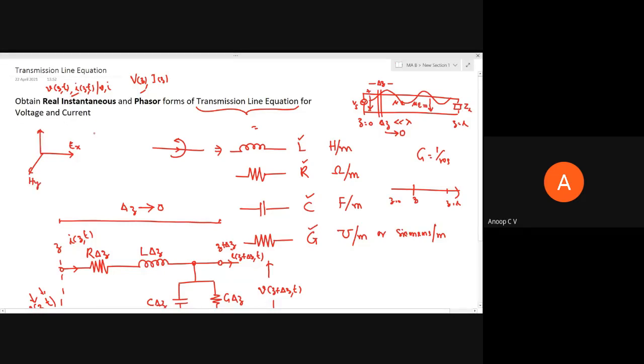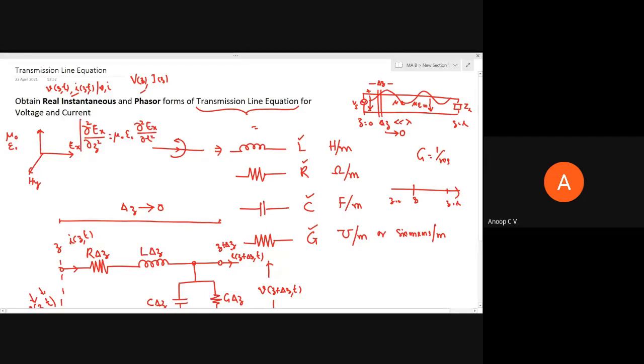In free space, permeability is mu naught and permittivity is epsilon naught. The wave equation for the electric field is dou square Ex by dou z square equals mu naught epsilon naught dou square Ex by dou t square.